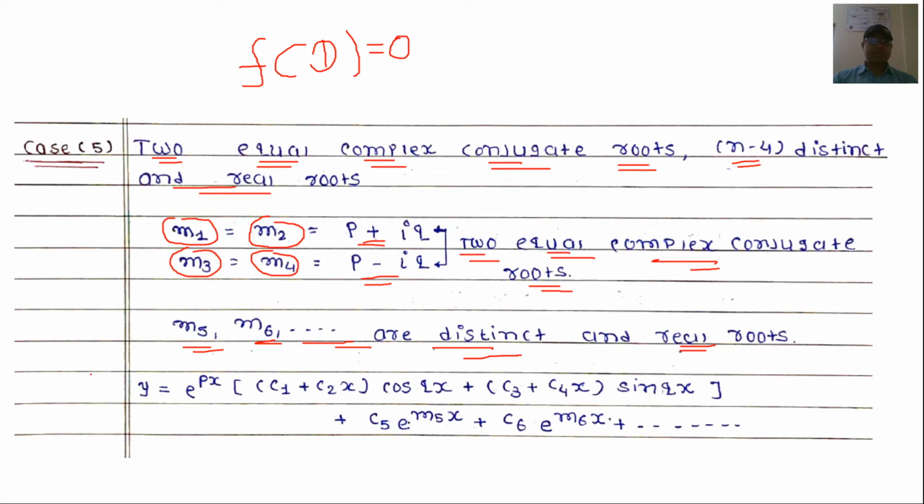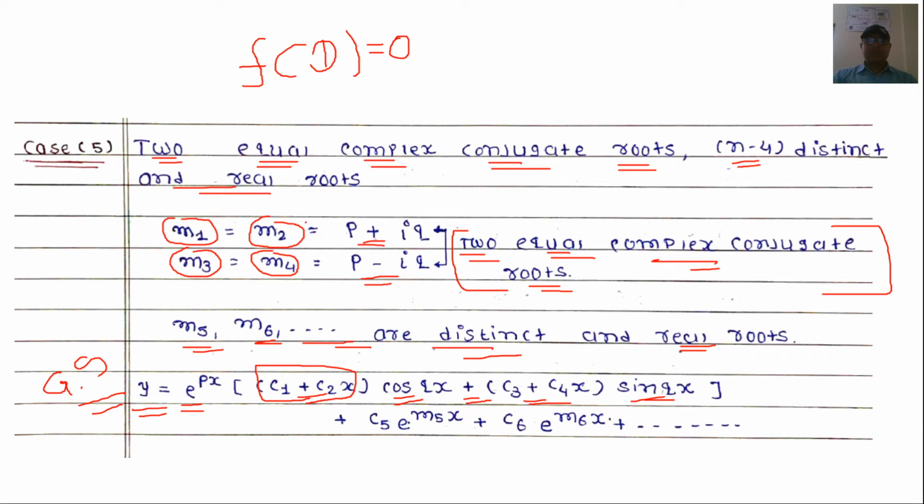Then the general solution in that case is given by y is equal to e raised to px into (c1 plus c2x) cos qx plus (c3 plus c4x) sin qx.